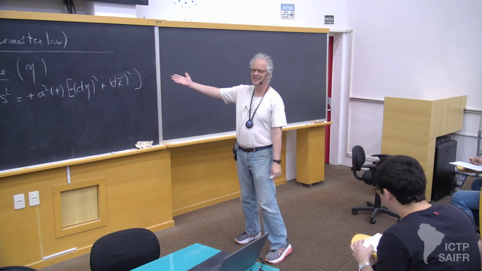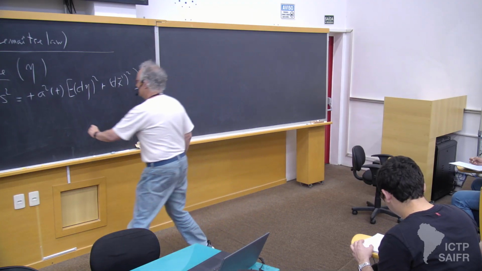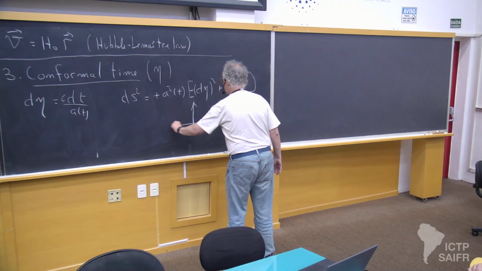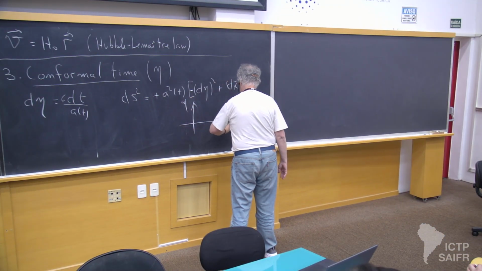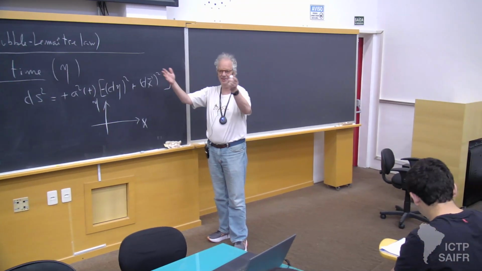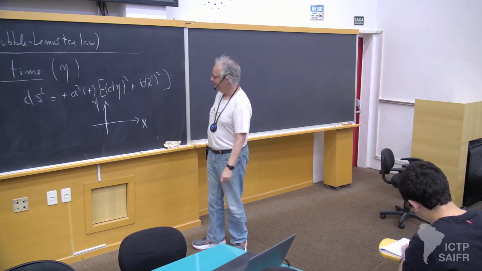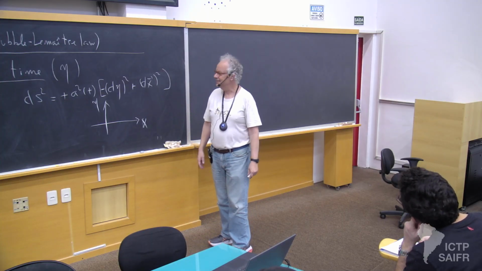So why is this convenient? Because when I do space-time diagrams and I use eta instead of time as we measure in the clock, what happens to light rays? 45 degrees.